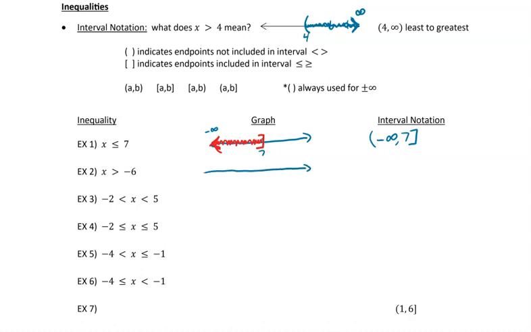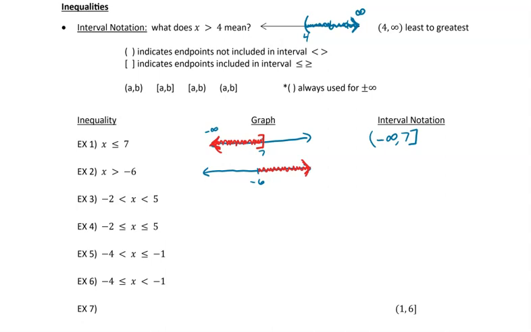Next one. X is greater than negative 6. So here's negative 6. X is greater than negative 6, so that means we're going to be shading the stuff that's greater, which is going to be to the right.